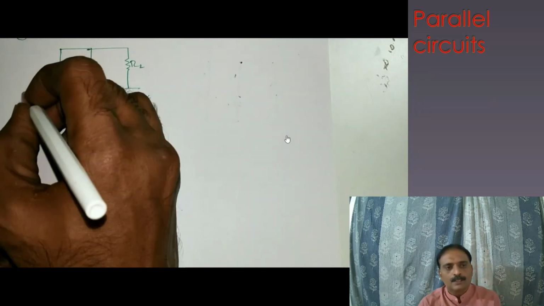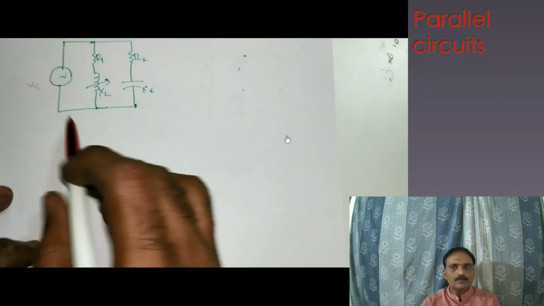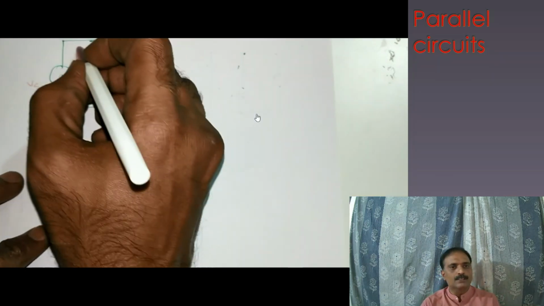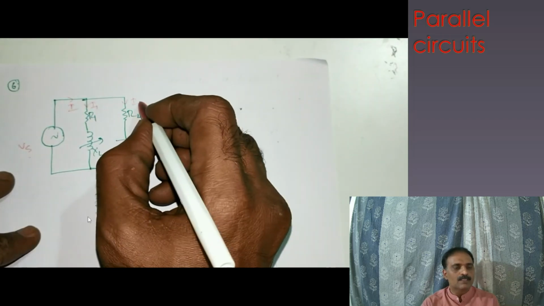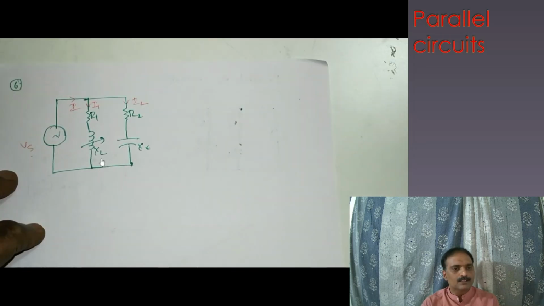And if you consider a parallel circuit, here I am going to consider a two branch network in which the first branch consists of a resistance and a variable inductance, and the second branch consists of a series combination of resistance and capacitive reactance. So here I is the total current, which is the resultant of I1 and I2.